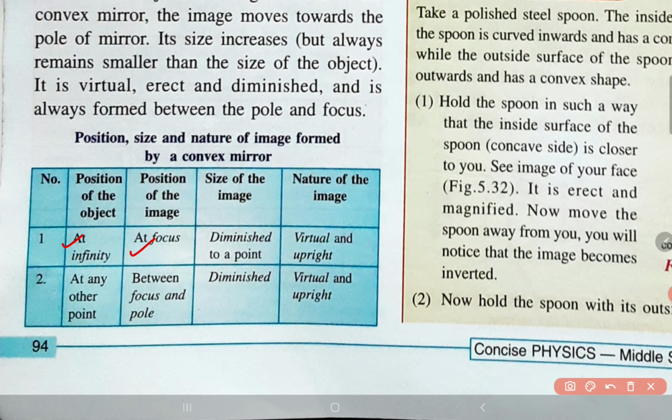The size of the image is diminished to a point, and the nature of the image is always virtual and upright. If you keep the object anywhere in front of the mirror, then the position of the image will be between the focus and the pole. The size of the image will always be diminished, and it should be virtual and upright.